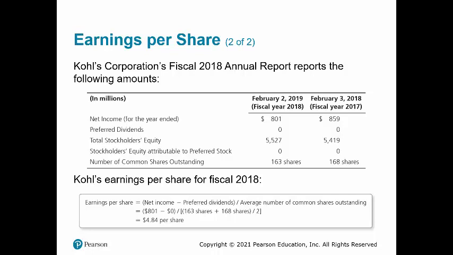So how would we calculate Kohl's earnings per share for fiscal year 2018? Well, we would take their net income, which was $801 million. We had no preferred dividends, so we would not need to subtract anything in the numerator, but we would divide the $801 million by the average of 163 million and 168 million shares.